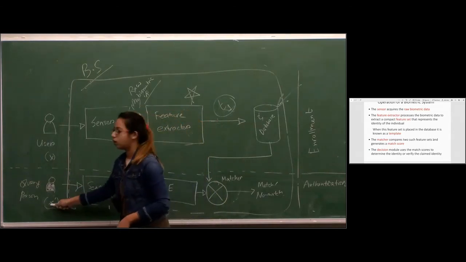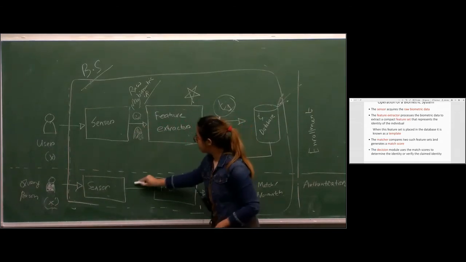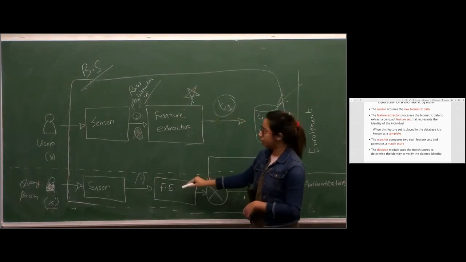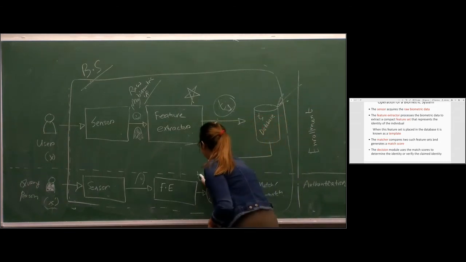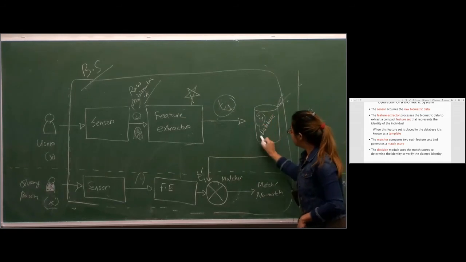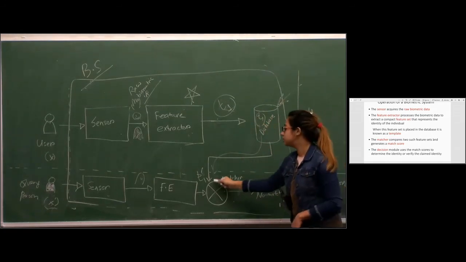This time I will call this X prime. The sensor will be again taking your fingerprint, and then you will use the same feature extractor to collect your feature. And once you have that, suppose now it's called T1 prime, okay? Then from database you will call the already saved template and then you will try to match.